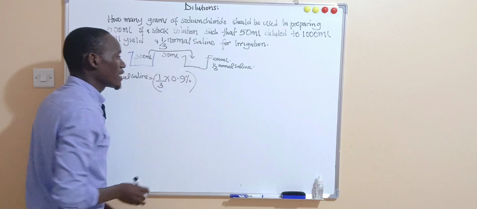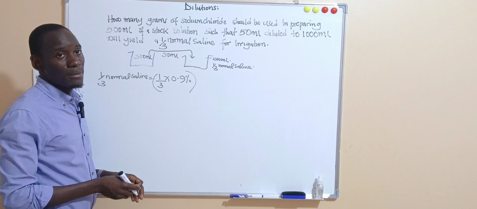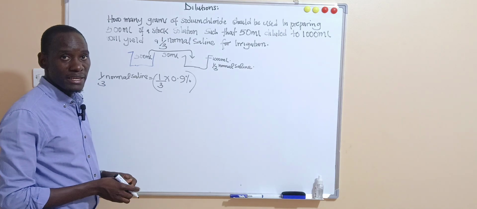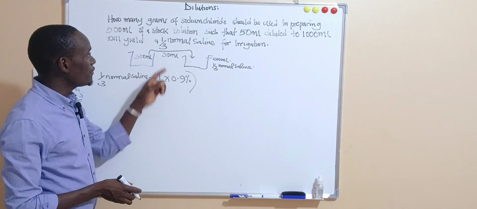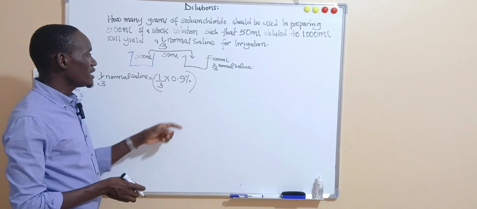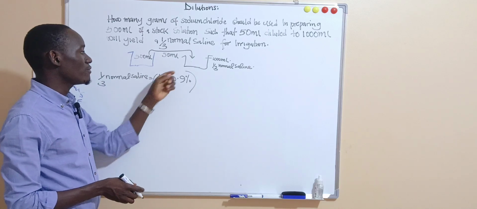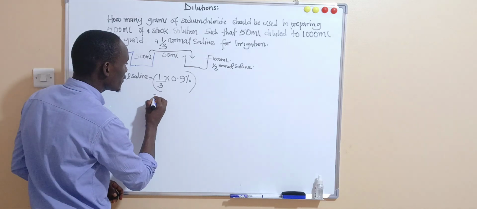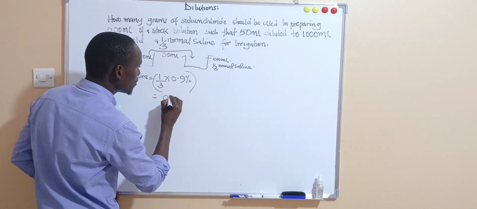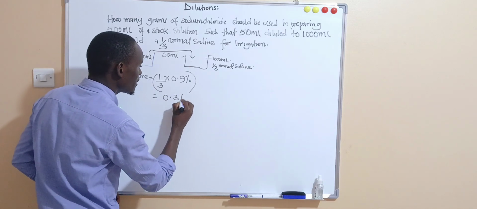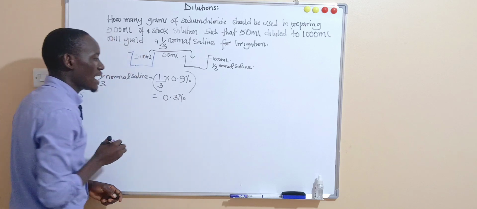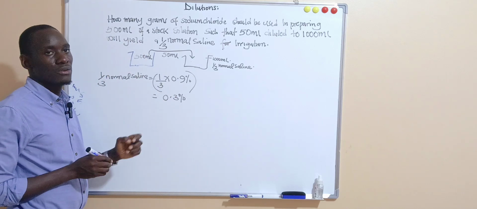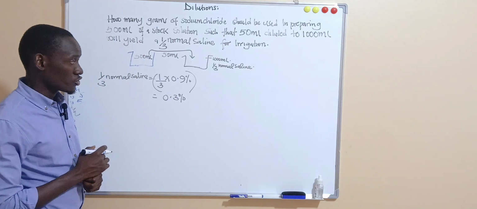We know that the concentration of sodium chloride is 0.9%. So if it is a third normal saline, it means a third times the concentration of normal saline, which will give us 0.3% as being our concentration of the diluted solution.